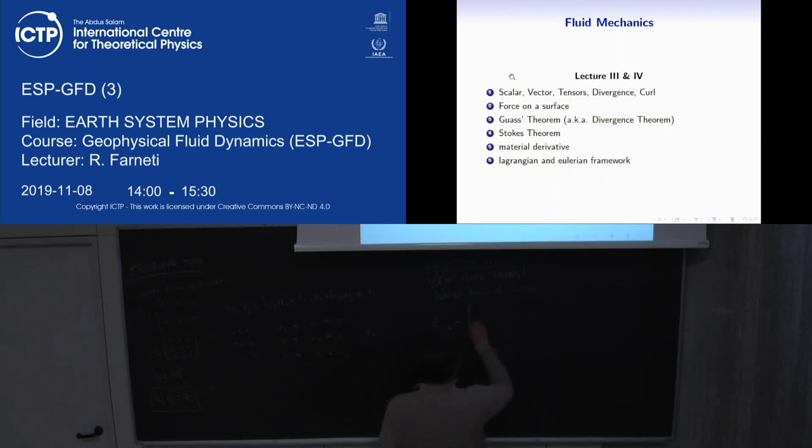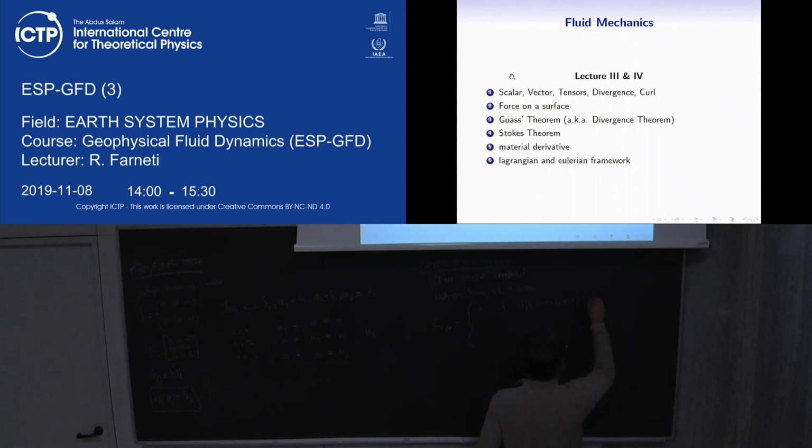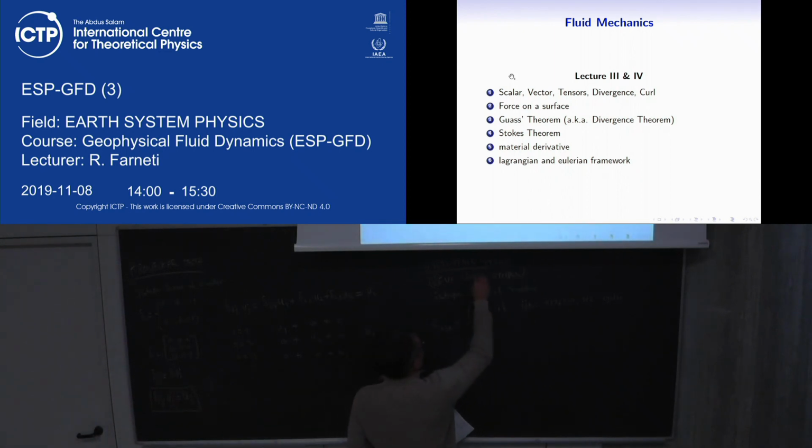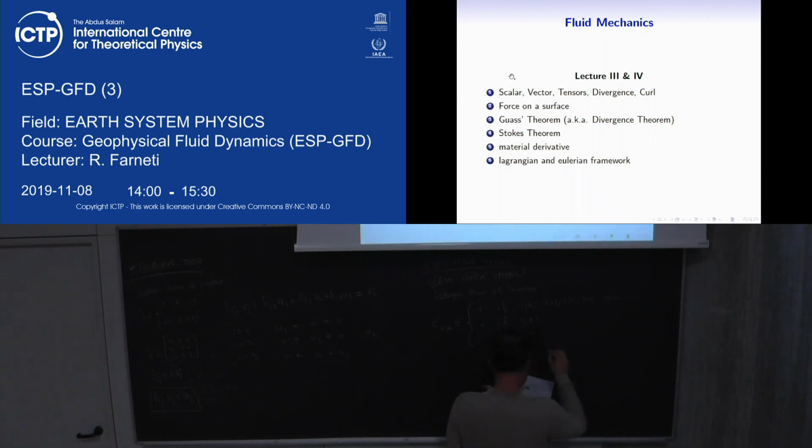This is defined to be equal to 1 if i, j, k are in cyclic order, meaning 1, 2, 3, 2, 3, 1, 3, 1, 2. It is equal to 0 if i, j, k have at least one repeated index.